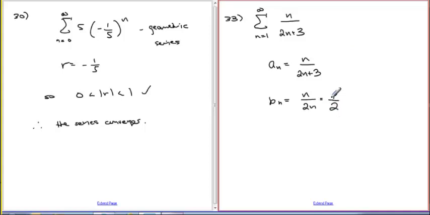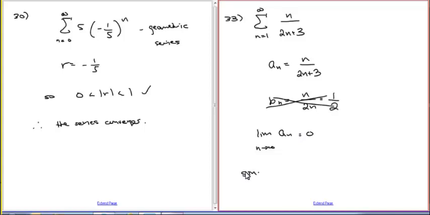And if I keep adding 1/2 up, then I end up with something that doesn't converge. So we don't actually use that. We can just use the nth term test that says that if you take the limit of a sub n as n goes to infinity, that has to at least equal 0 to have a chance.